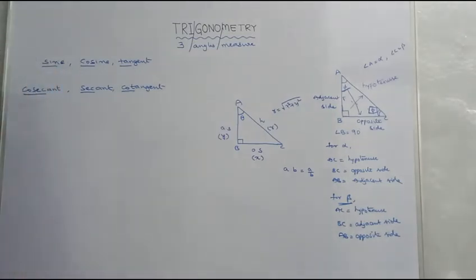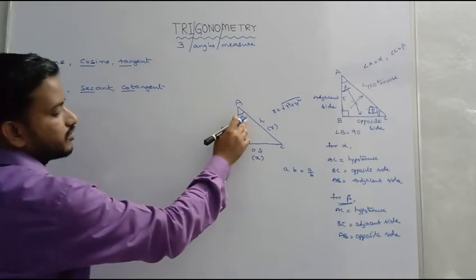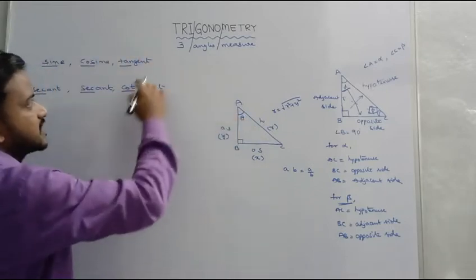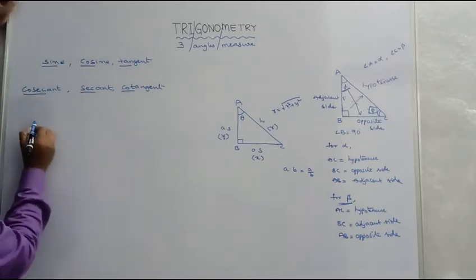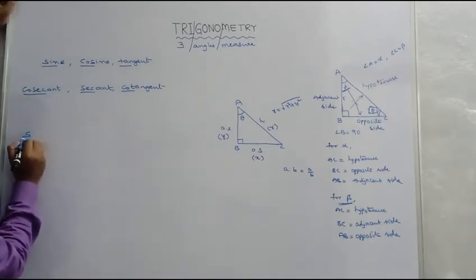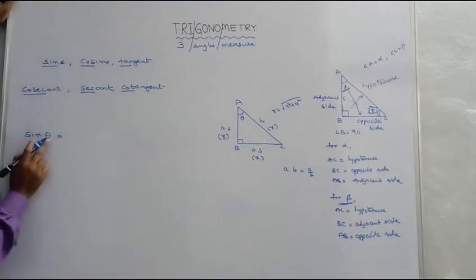Okay. Now for this theta, we have to derive these 6 trigonometric ratios. Let us observe how sin theta is defined. Sin theta. See, without specifying this theta, this is meaningless. Is it clear?